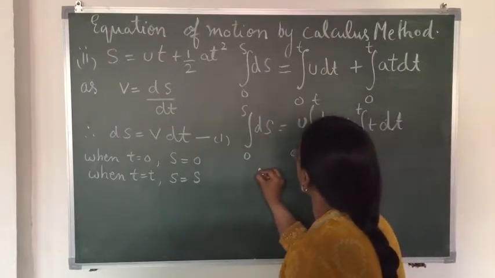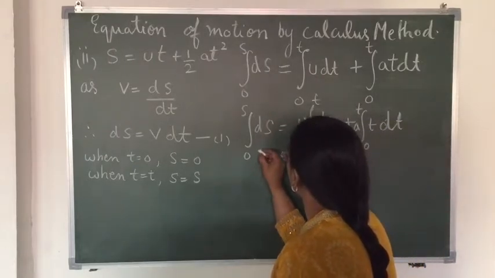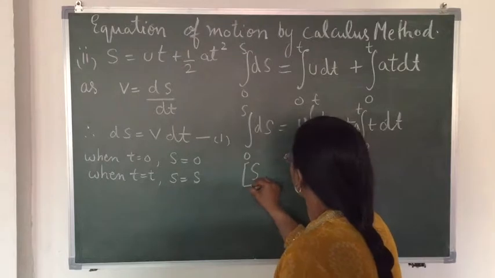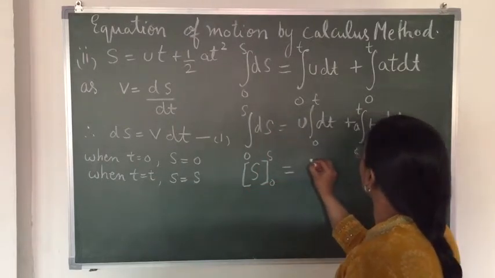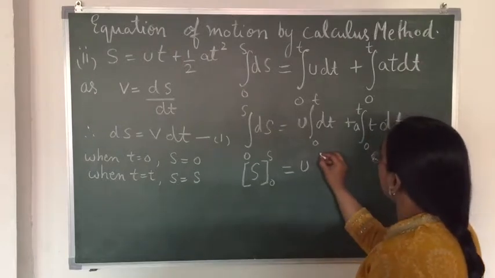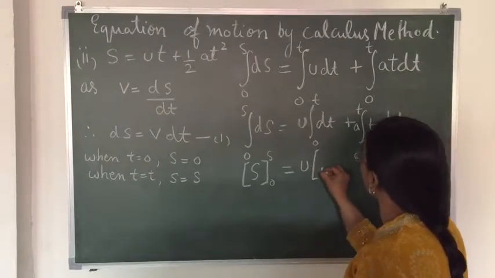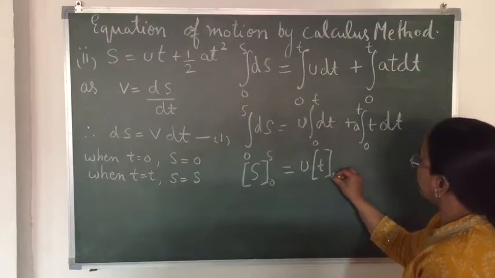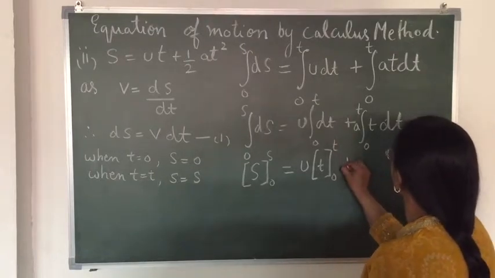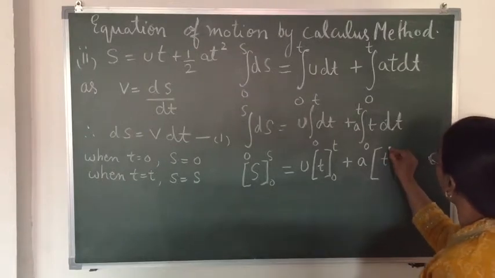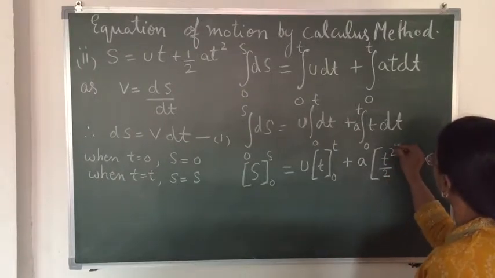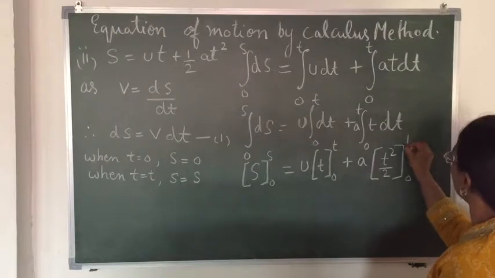Integrate: integration of ds is s within the limit 0 and s. Integration of dt is t. Integration of t is t² by 2 within the limit 0 and t.